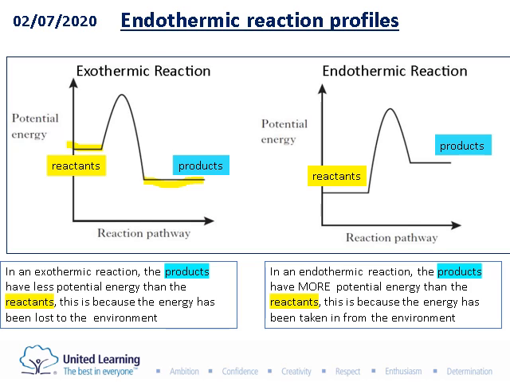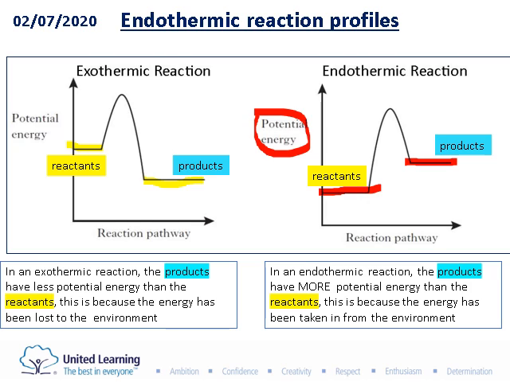So if we move over to endothermic reactions, and we now compare the line for the products and the reactants, what we should see is that the products have more potential energy than the reactants, and that's because they've taken in energy from the surroundings.